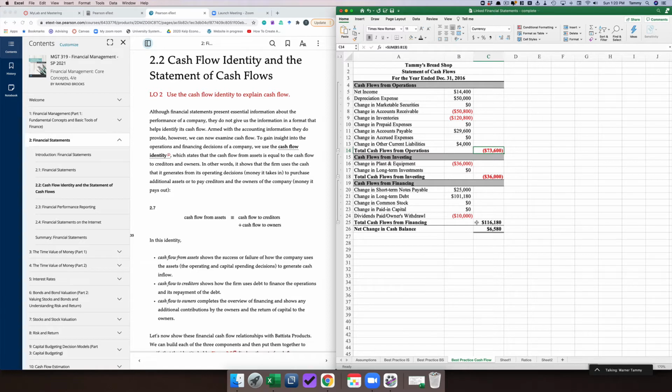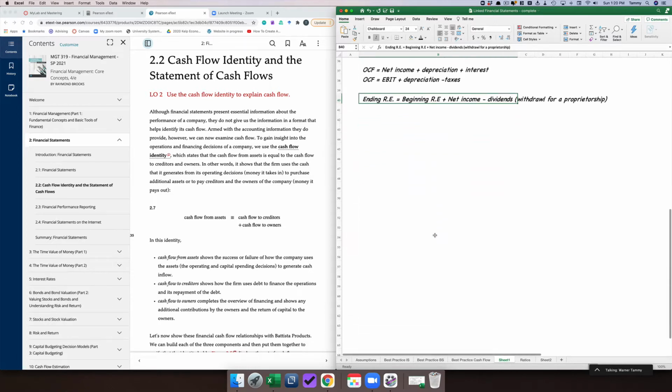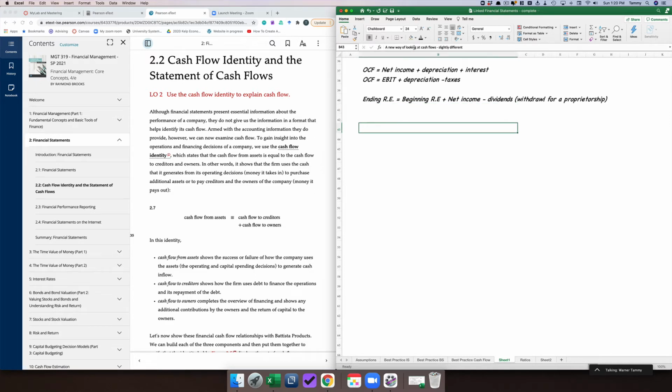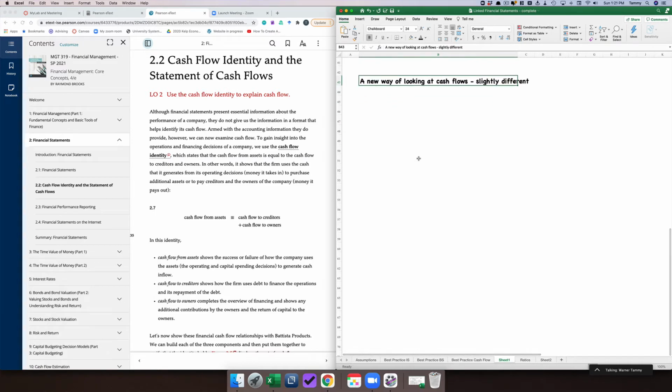So that's a standardized financial report created from the financial statements looking backwards as to what happened with your cash flow last year. Okay, we are going to contrast this with the way that finance people look at cash flow. And again, this is the heart of this chapter. It's a slightly different way of looking at cash flows.